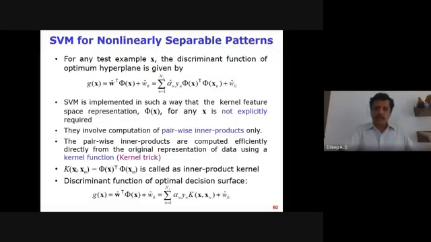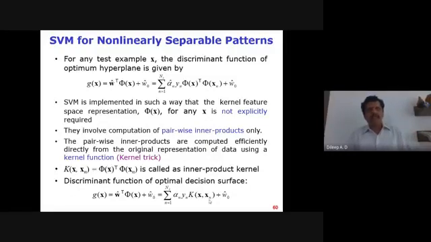Now in the discriminant function, the inner product operation will be replaced by this kernel function. The question arises: do we have such kernel functions, which measure the similarity between two examples in the input space, equivalent to performing the inner product operation in the higher dimensional feature space?